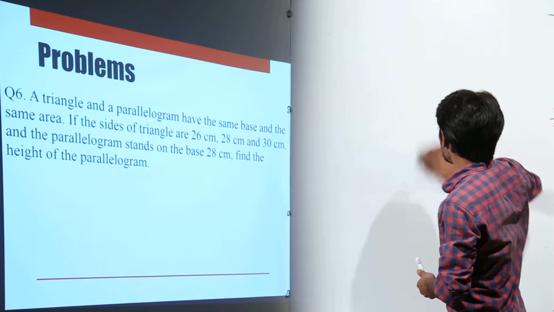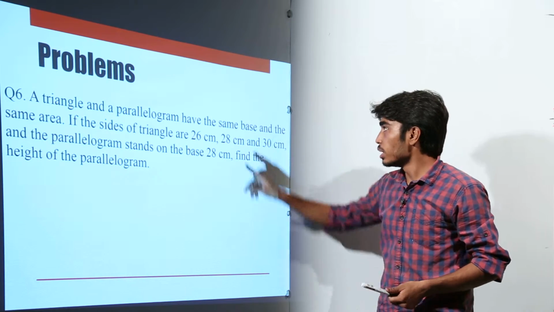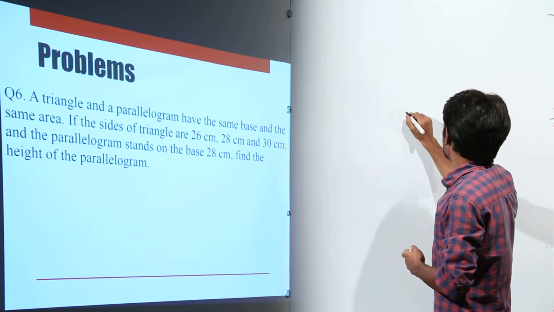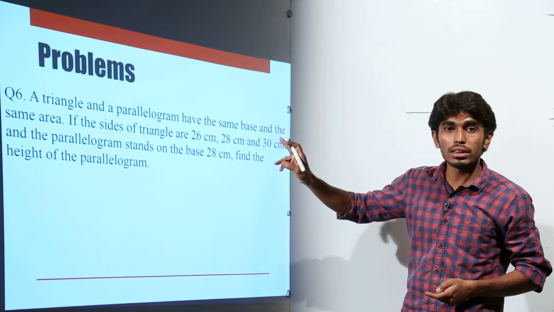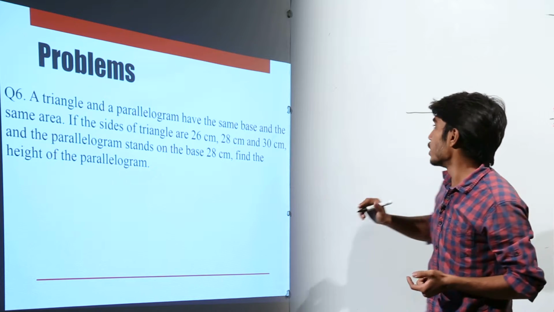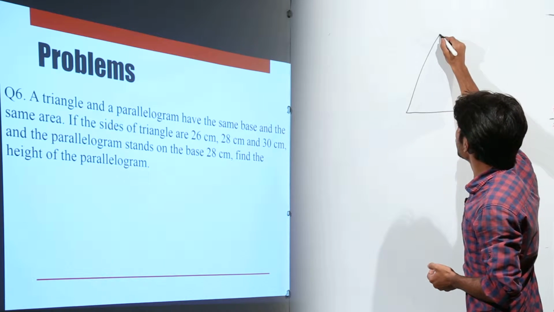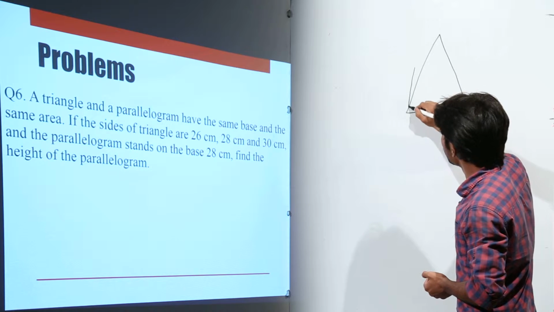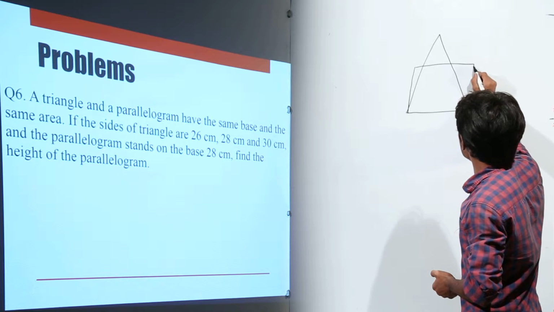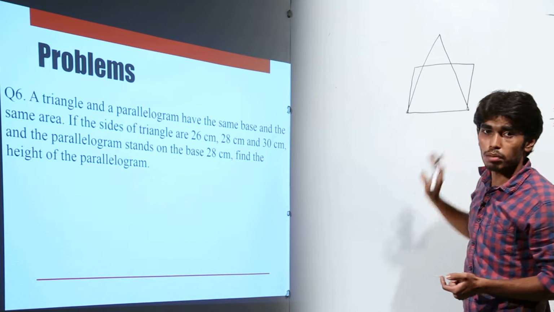In this question, we are given a triangle and a parallelogram. They have the same base. We are given that the parallelogram and the triangle have the same area. So let's say this is a triangle and this is a parallelogram.